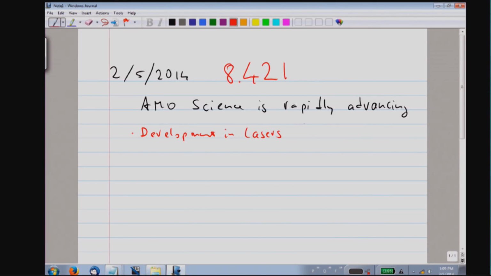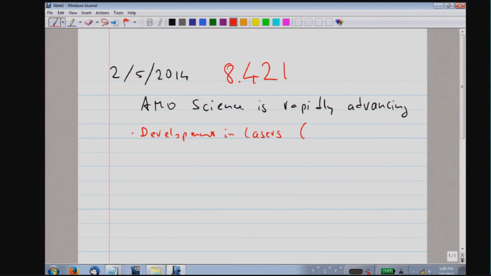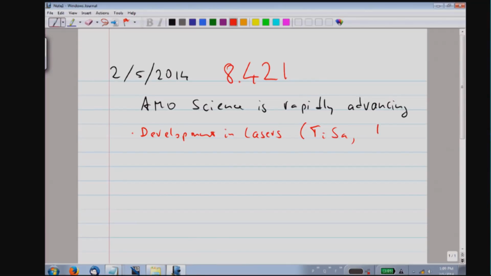Big difference in performance, but also big difference in reliability and convenience. Just a few systems which didn't exist a few decades ago are the Ti-Sapphire laser, which has really become the workhorse of generating lots and lots of power in the infrared domain, but then it can also be frequency doubled to the visible.